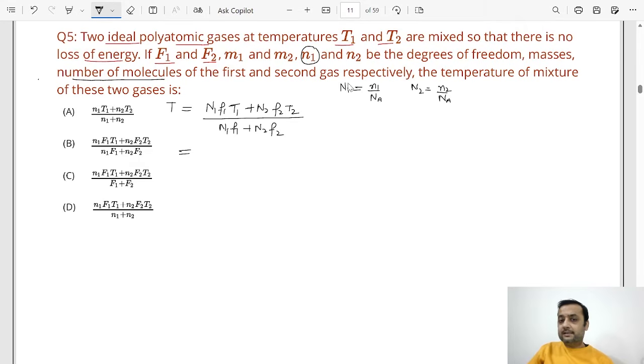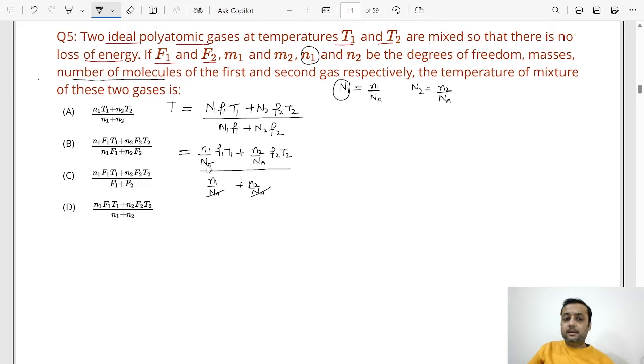So capital N1 will become small n1 upon Na. Remember, here small n1 means number of molecules in this question. So that will be n2 upon Na into F2 into T2 divided by n1 upon Na plus n2 upon Na.